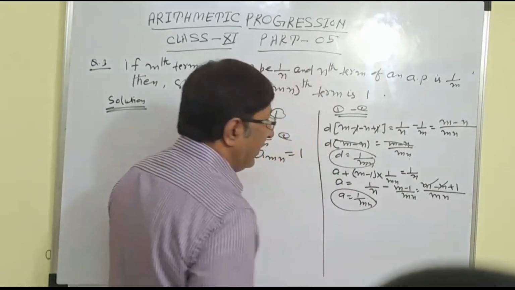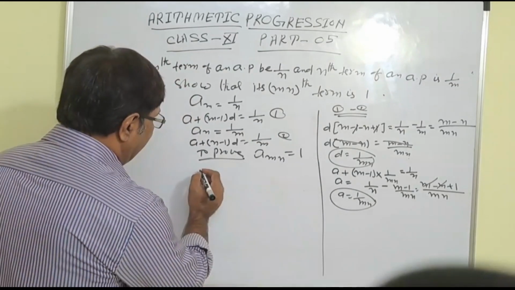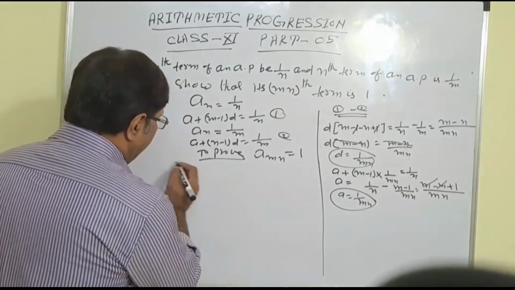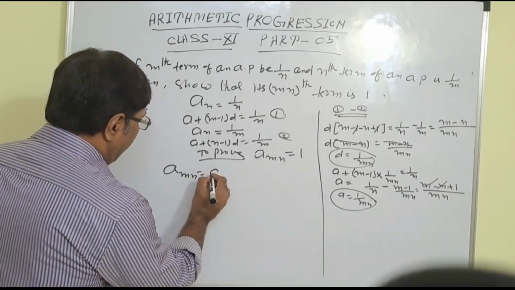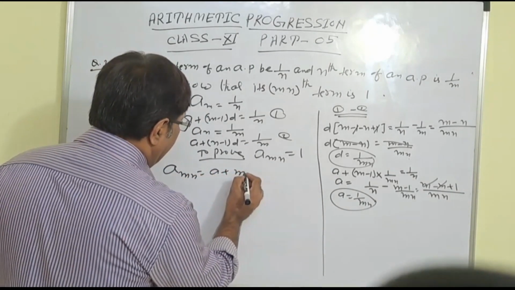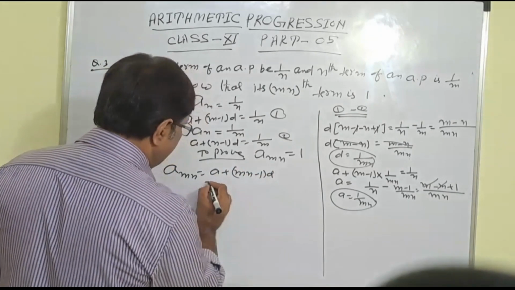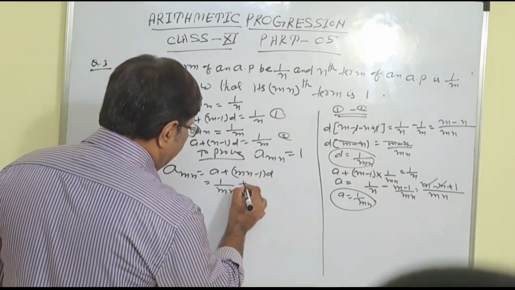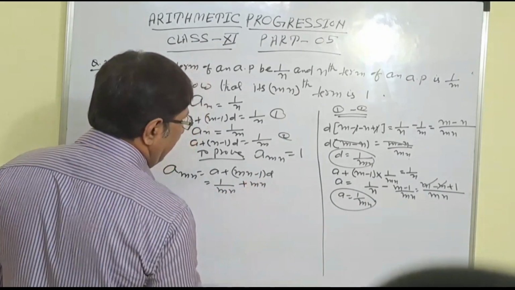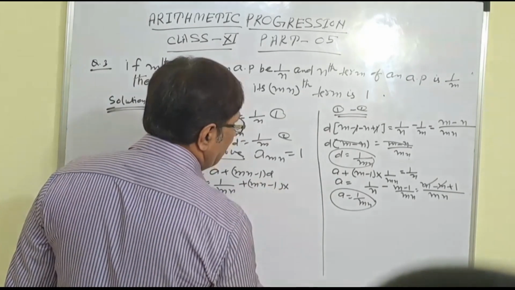Now A is 1 by mn and D is 1 by mn. Now we can easily find A_mn. So we are finding the mnth term. So A plus mn minus 1 into D. So A is what? 1 by mn plus mn minus 1, and D is what?